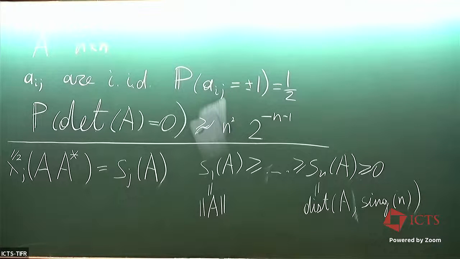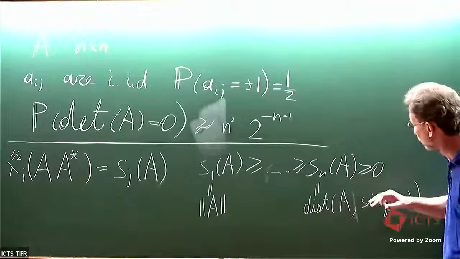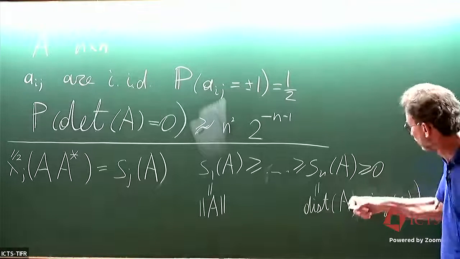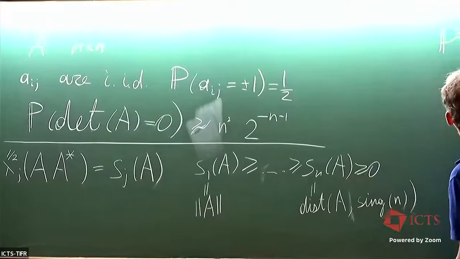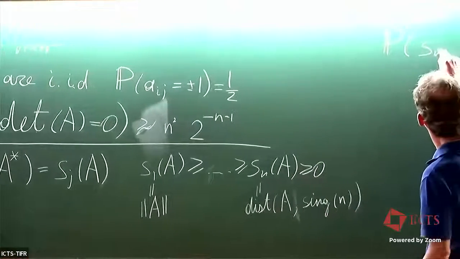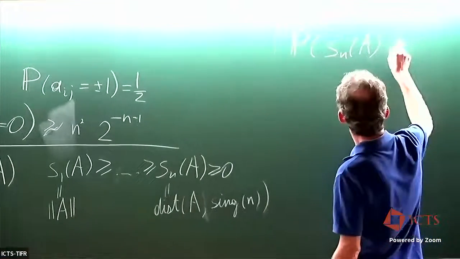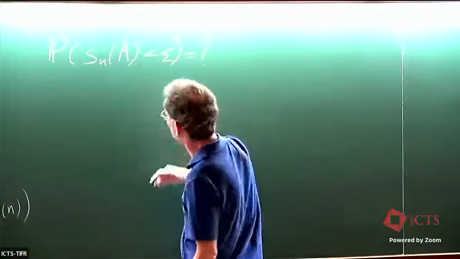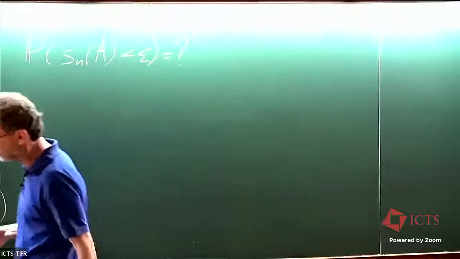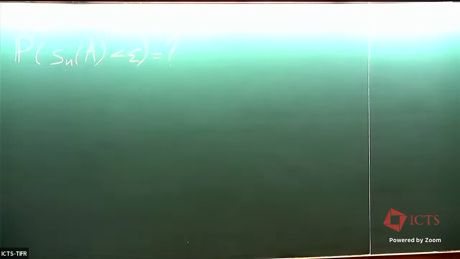Besides being the distance, we can ask ourselves, what is the probability that this distance is less than epsilon for a given epsilon? And this has a lot of practical applications.